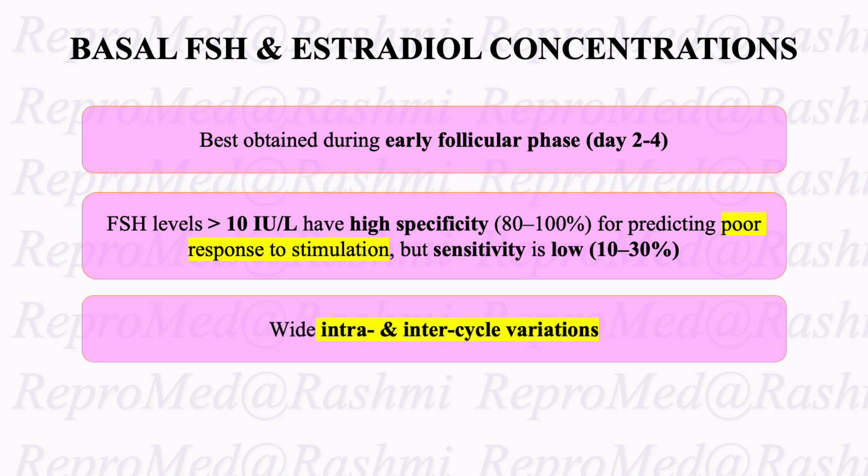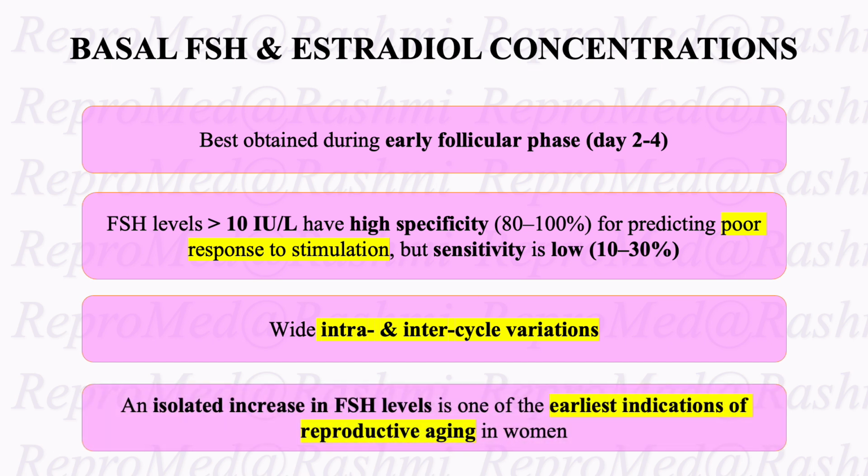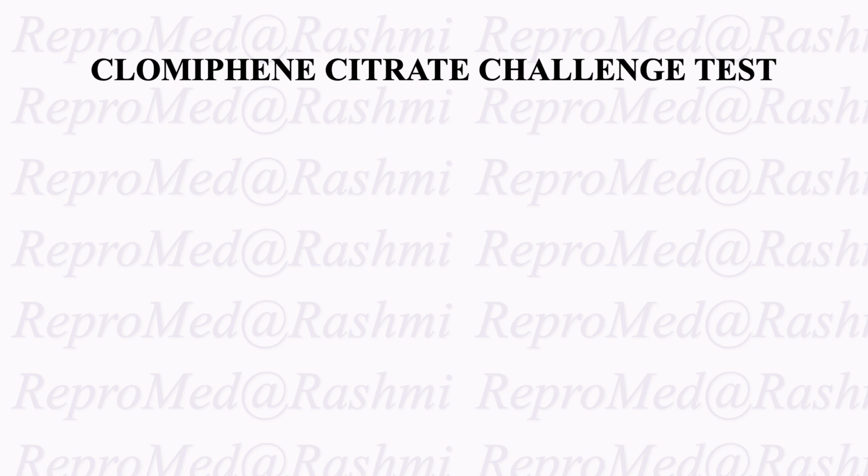But FSH has wide intra and intercycle variations. An isolated increase in FSH level is one of the earliest indications of reproductive aging in women. And one thing more, we must always do estradiol along with the FSH. This is a very important point. Why?